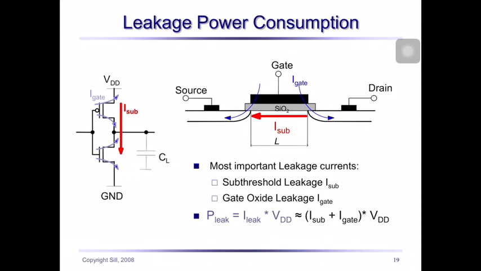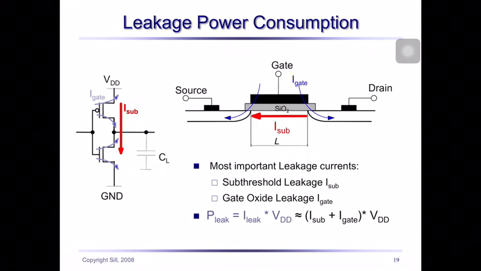So the gate oxide leakage is actually the current that travels between the gate to the drain and the gate to the source. In an ideal situation, I gate is always 0, but in practical applications, I gate is not actually 0, and there is some tunneling or current that can pass through from the gate to the drain and the gate to the source. That is because the silicon oxide is very thin, so the electrons can pass through.